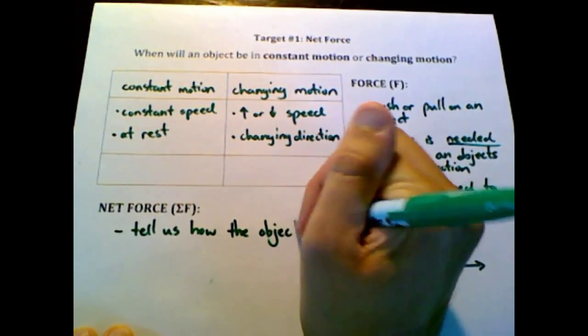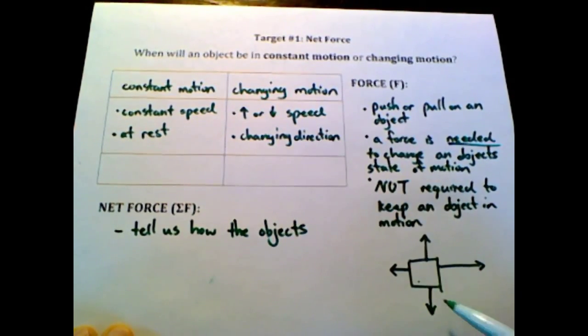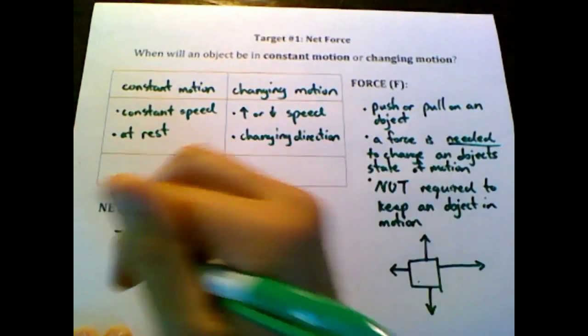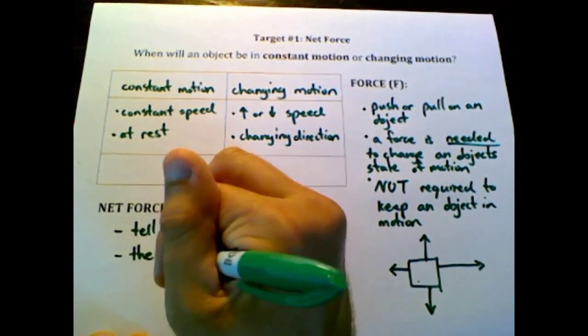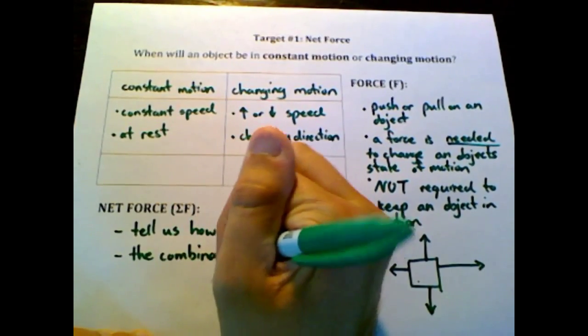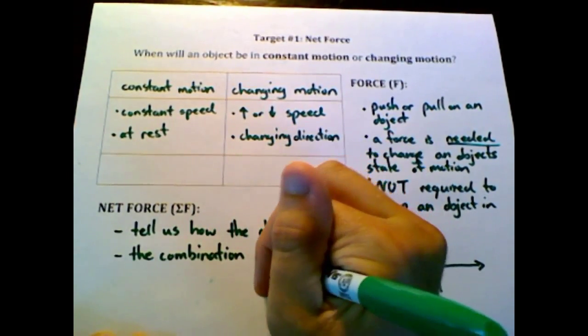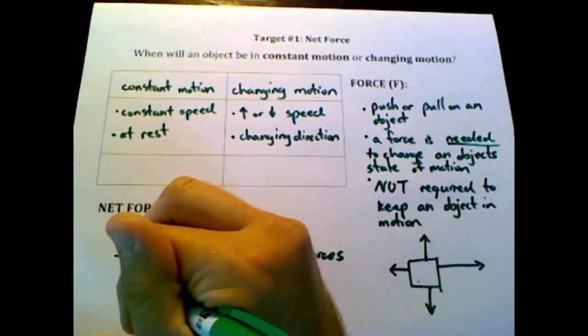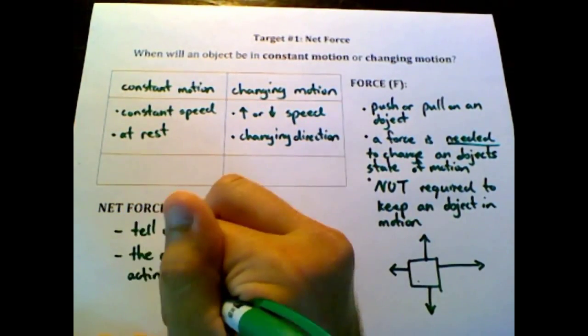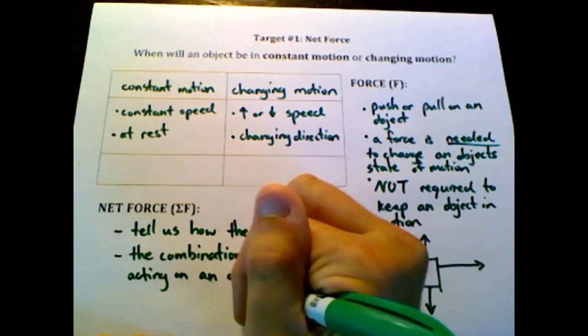Our net force is just all these individual forces acting on the object added together. So it's the combination of all forces acting on an object.